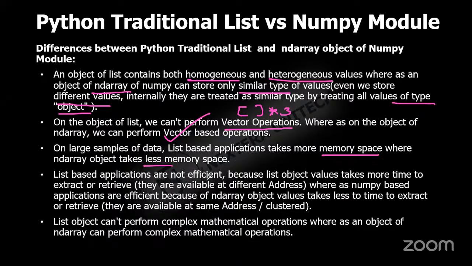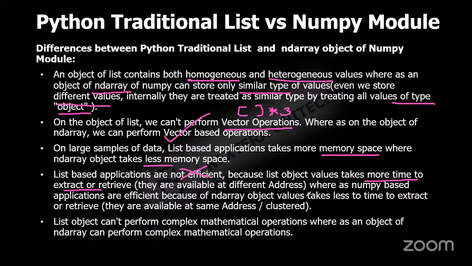List based applications are not efficient. Why? Because for a list object, these values take more time complexity for extracting the data. It takes more time.